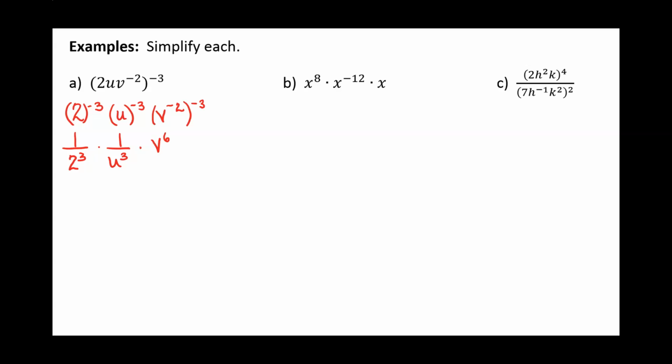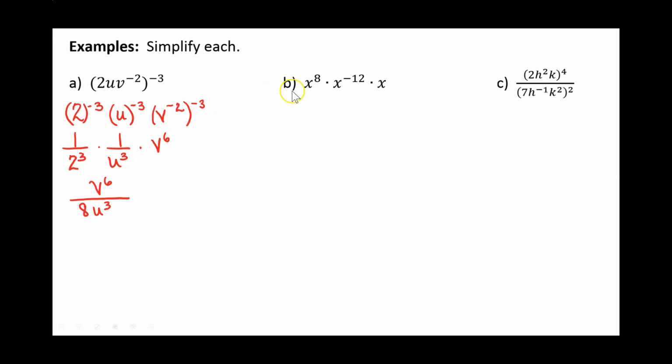All right, then what do I do when I have a power raised to a power again? Multiply. So negative 2 times negative 3 is where we're getting that positive 6. All right, so then we can just combine our numerators. So 1 times v to the 6th, and 2 cubed, 8, times u cubed. All right, look at the next one.